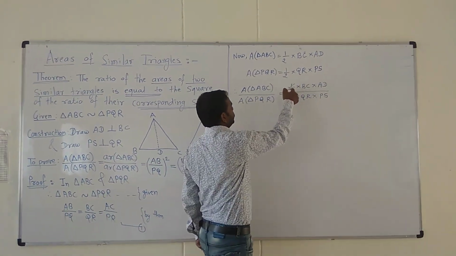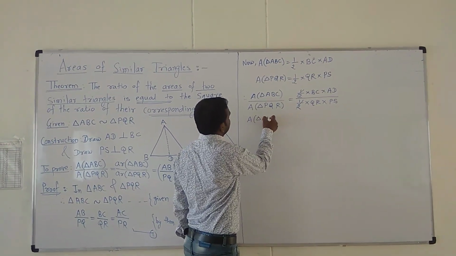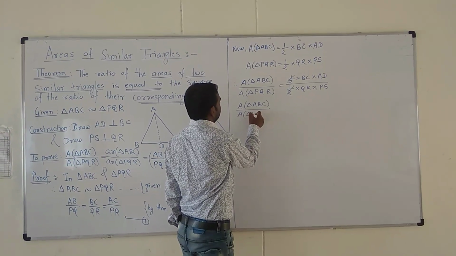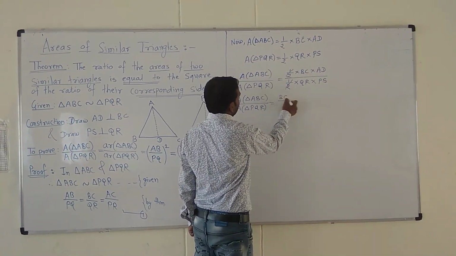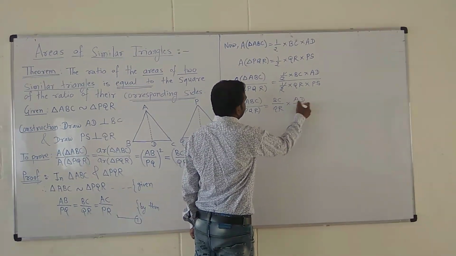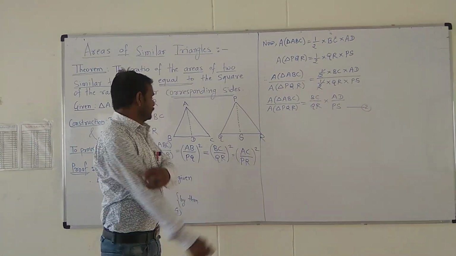The 1/2 gets cancelled, then we get area of triangle ABC upon area of triangle PQR equal to BC upon QR into AD upon PS. Equation number 2.